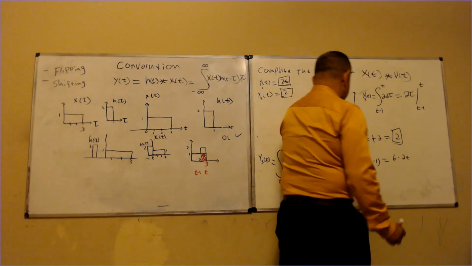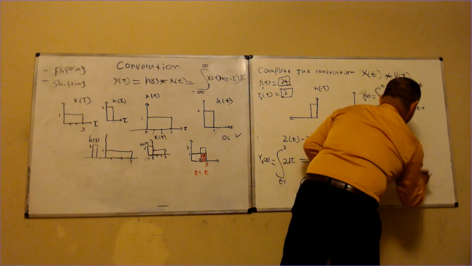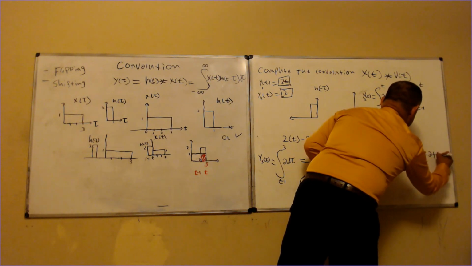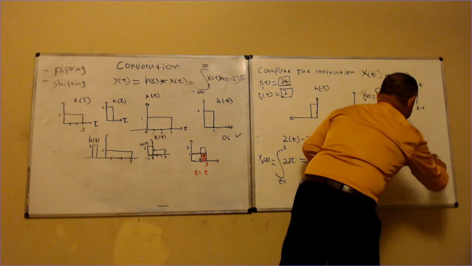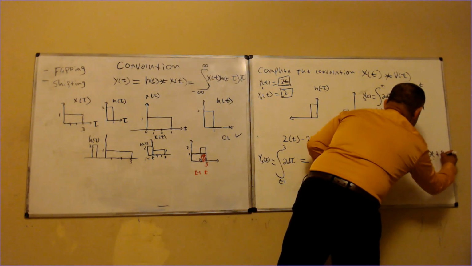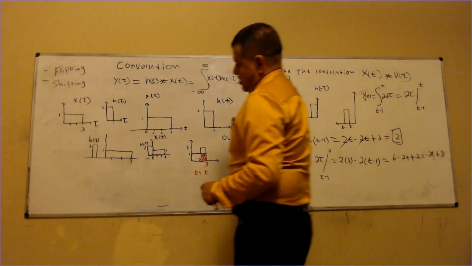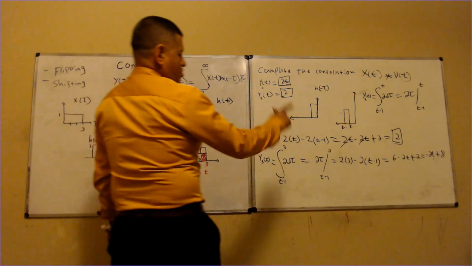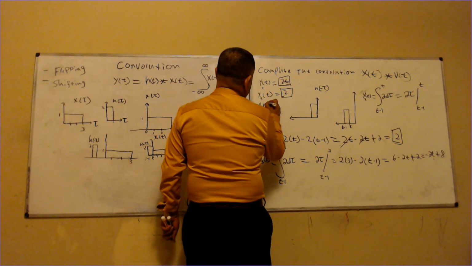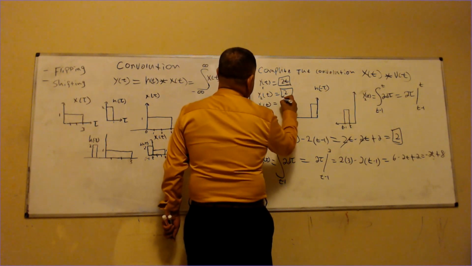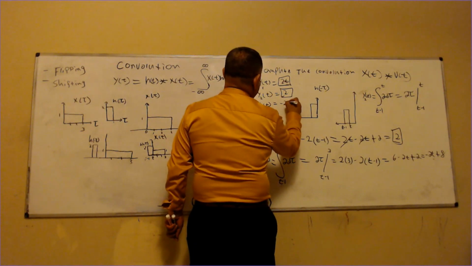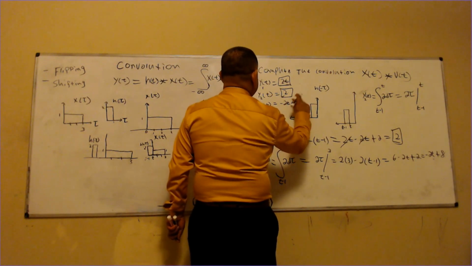Multiplying that out, it is going to be a plus 2, so 6 minus 2t plus 2, which is negative 2t plus 8. So y3 of t is negative 2t plus 8.